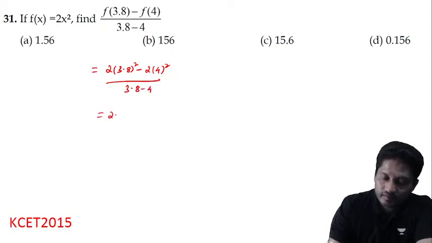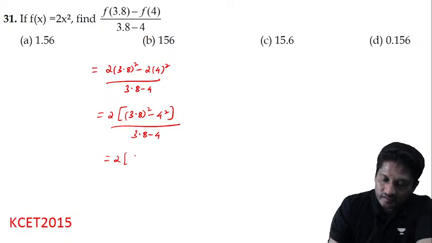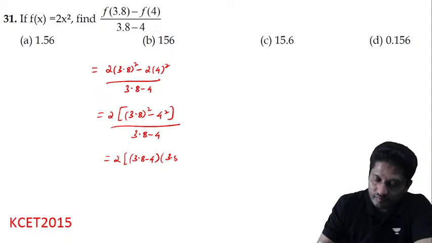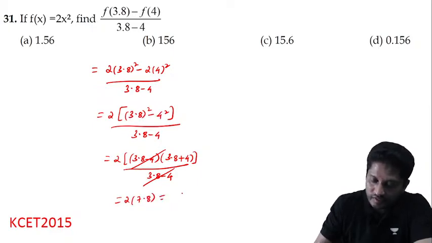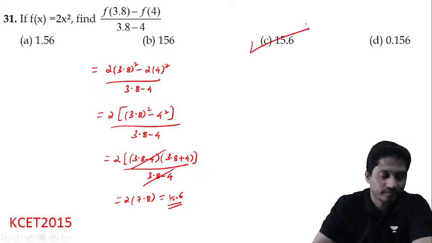Take 2 common. 3.8 the whole square minus 4 square, divided by 3.8 minus 4, can be written as 3.8 minus 4 into 3.8 plus 4, divided by 3.8 minus 4. Okay, this will cancel. We'll get 2 into 7.8, equal to 15.6. Okay, answer is option C.